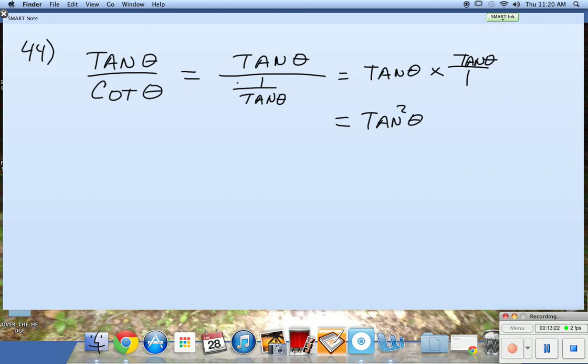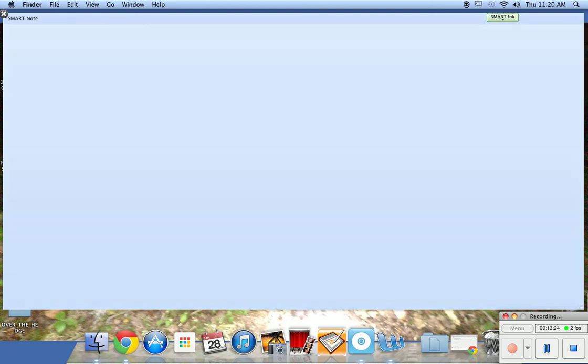All right, let's go ahead on to number 45. Cosine of theta, tangent of theta, and cosecant of theta. Okay. Well, let's change this all to sine and cosine.